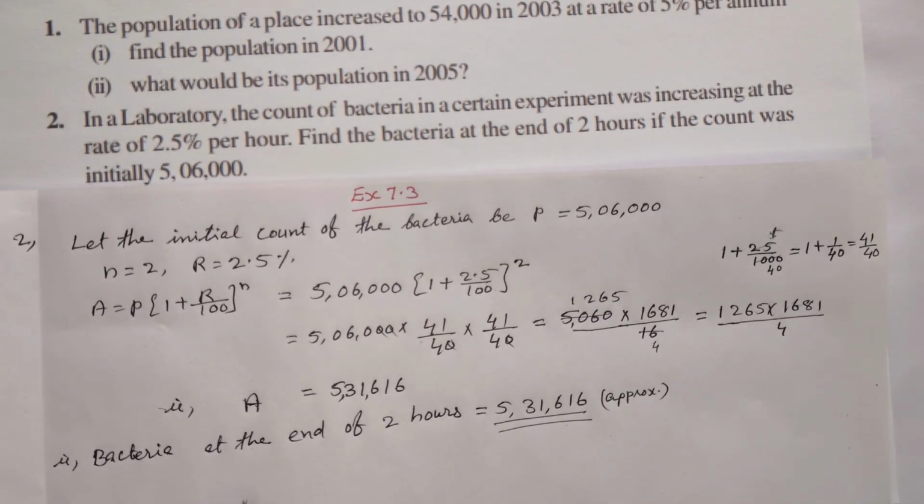So we can write bacteria at the end of 2 hours is equal to 5,31,616 approximately.